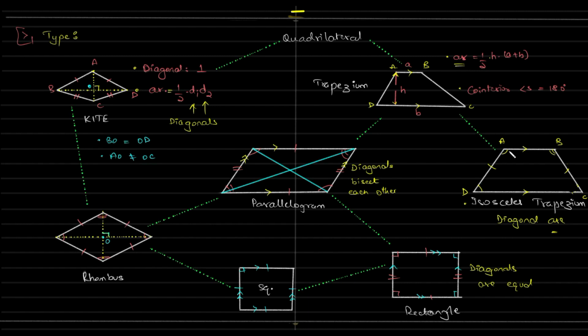What we have here is that this particular angle is equal to this particular angle, and angle D is equal to angle C. This is something we need to remember. There are quite a few things we need to remember and use. So pause and have a look at the properties of this list of quadrilaterals. You need to copy this as well.